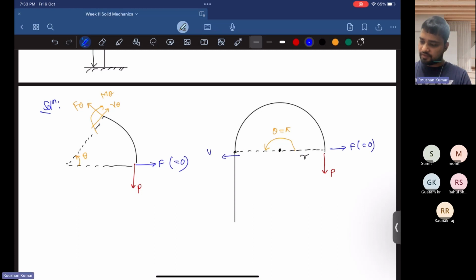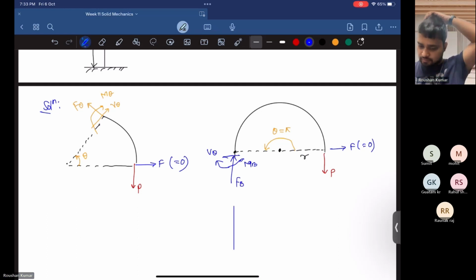Here there is V theta acting, some moment MB, and some force F theta.